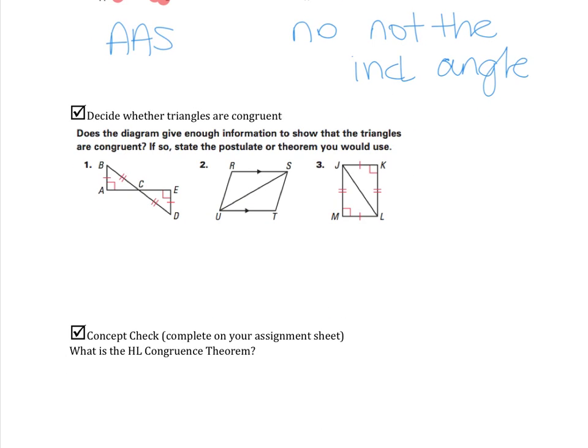So let's look again at some examples here. In the first one, I have that right triangle. The angle's not in the right place, but I do have HL.